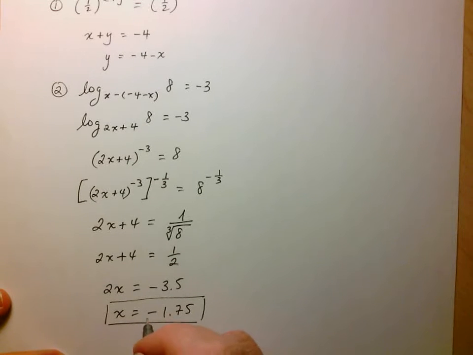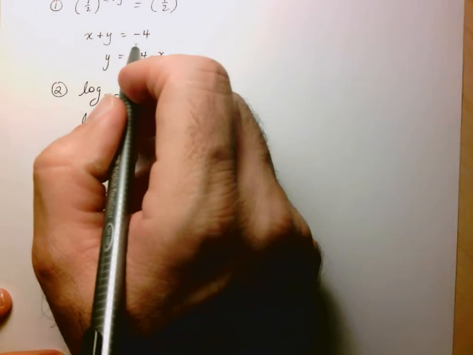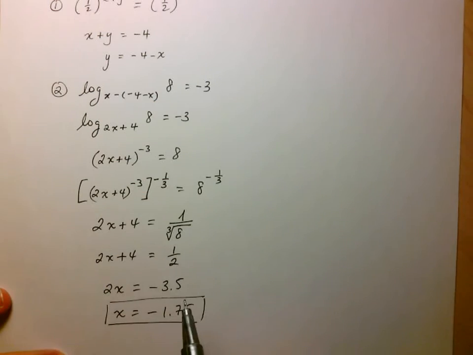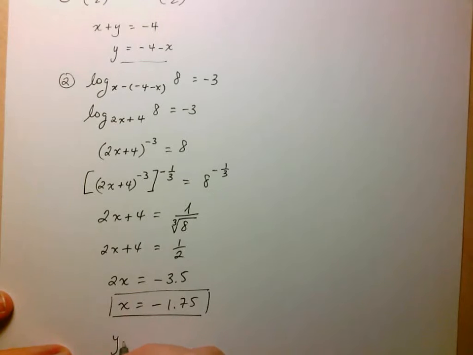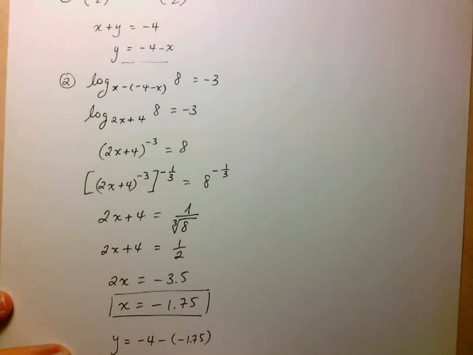Not much to do there because we already have y nicely written in terms of x. So I can take this equation here, y equals negative 4 minus x, which is negative 4 minus negative 1.75, and so y is equal to negative 4 plus 1.75, and what does that give us?